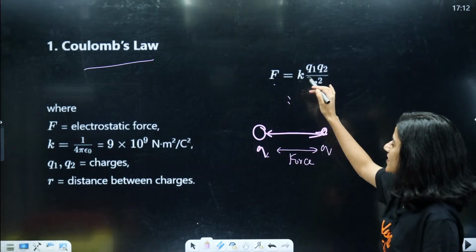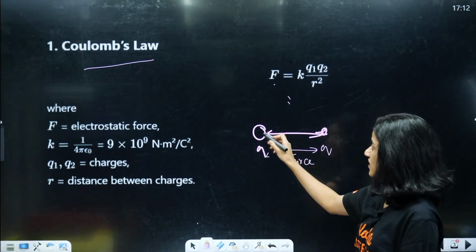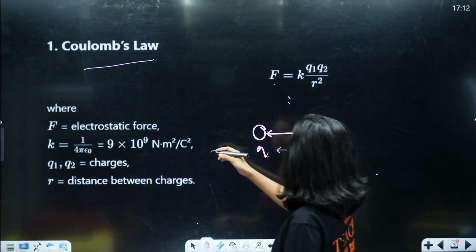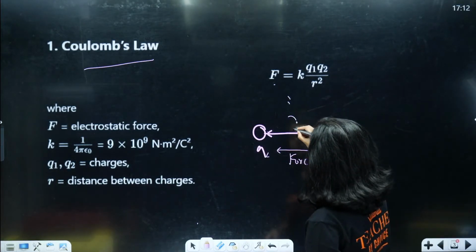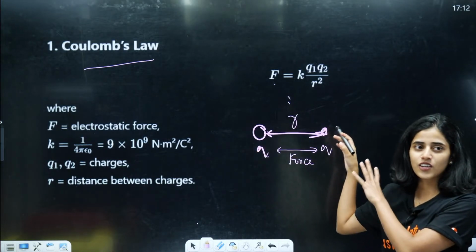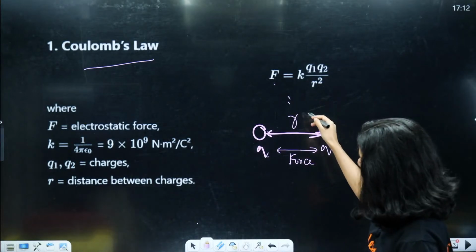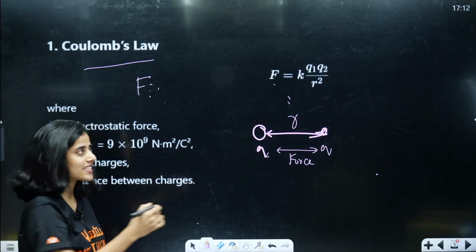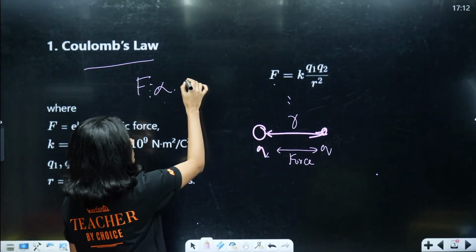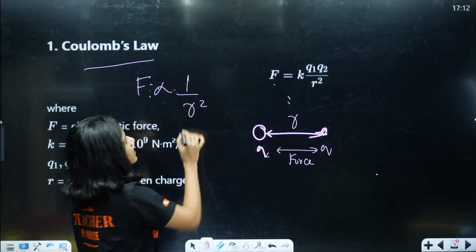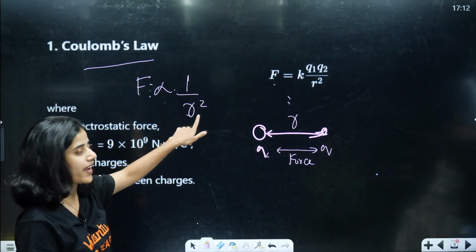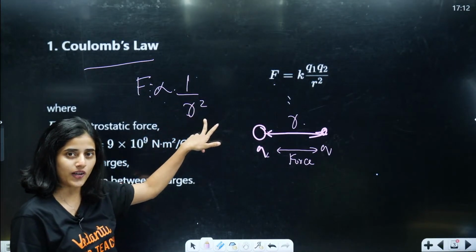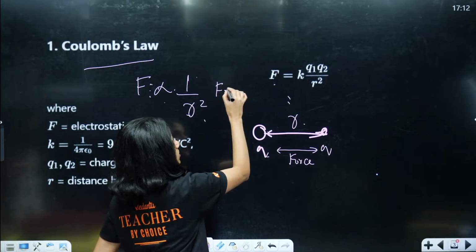Coulomb's law states that the force between two charges depends on the distance between them. Here we are going to assume that the distance is r, and the charges are q1 and q2. The force is inversely proportional to the square of the distance between the charges, so I will write it as 1 by r square.